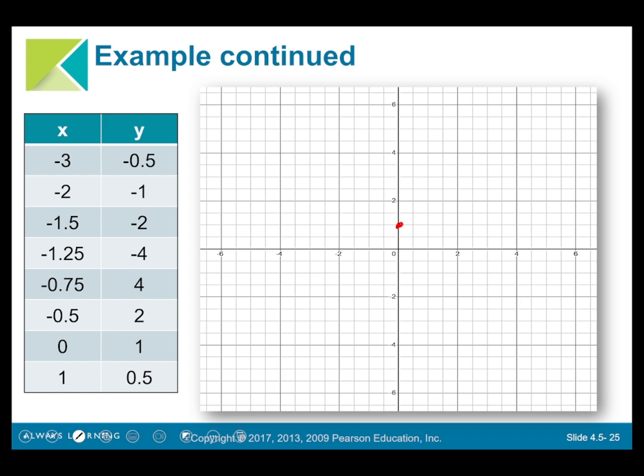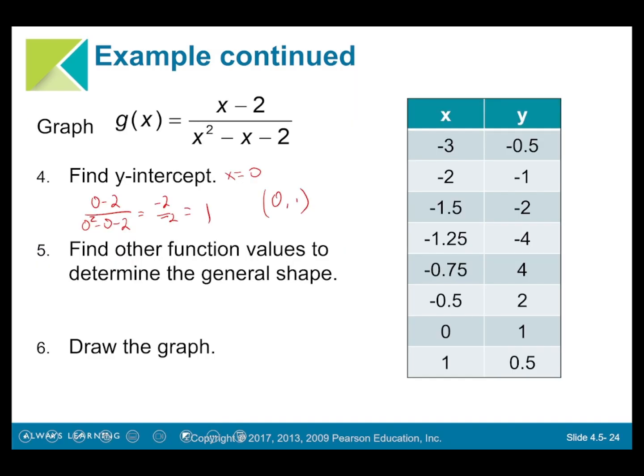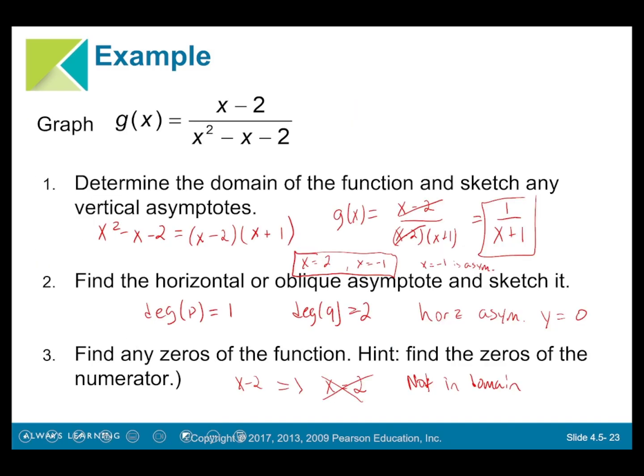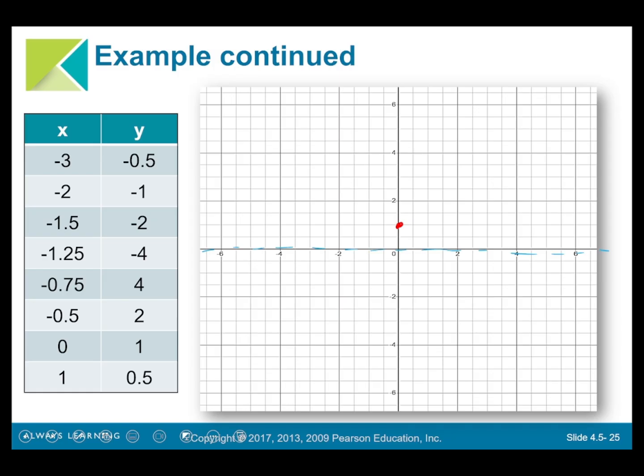Then drawing some of our asymptotes, we know we have y equals 0 as one of them, and then we have x equals -1 as the other one, right in here.